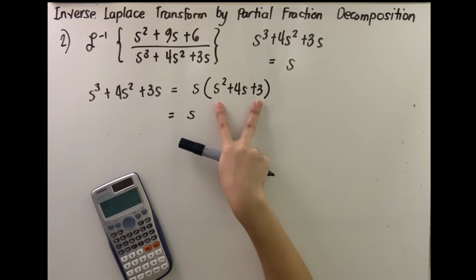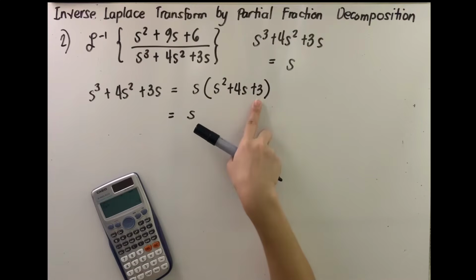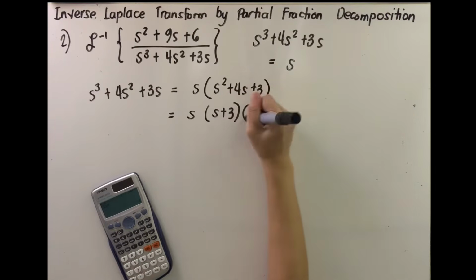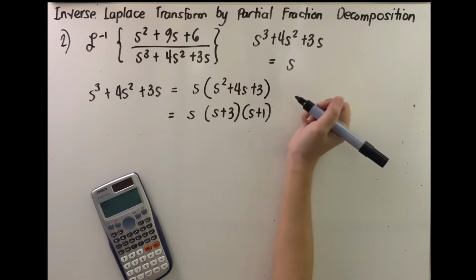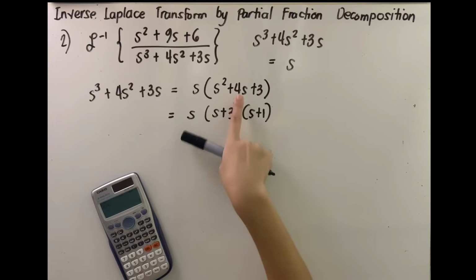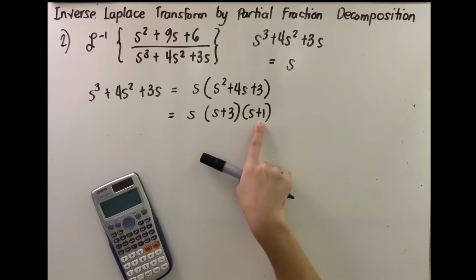So I have to think of the factors of 3, which will result to a sum of 4. And that gives you 3 and 1. And that represents s plus 3 and s plus 1. So, if you expand, that would be s squared, positive 3s, positive s, that's 4s, times positive 3.